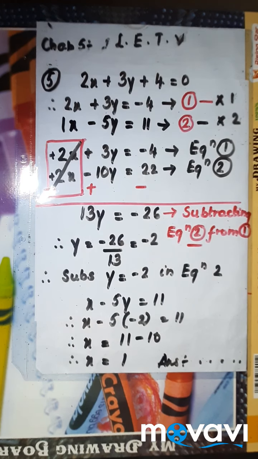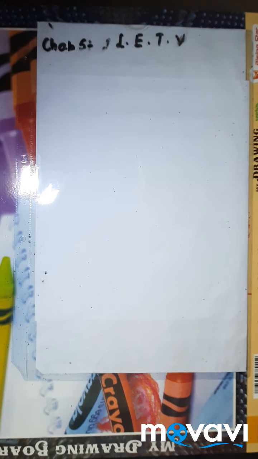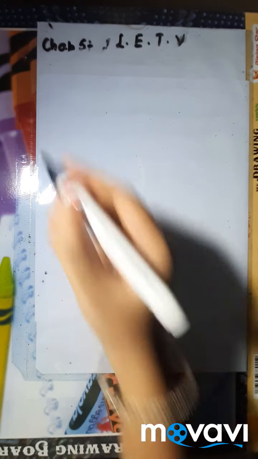Now, the last sum. Again, it's easy, so you can do it. It's of the same type. Okay, since it is a short sum, I will do it with you. Let me finish the last sum.